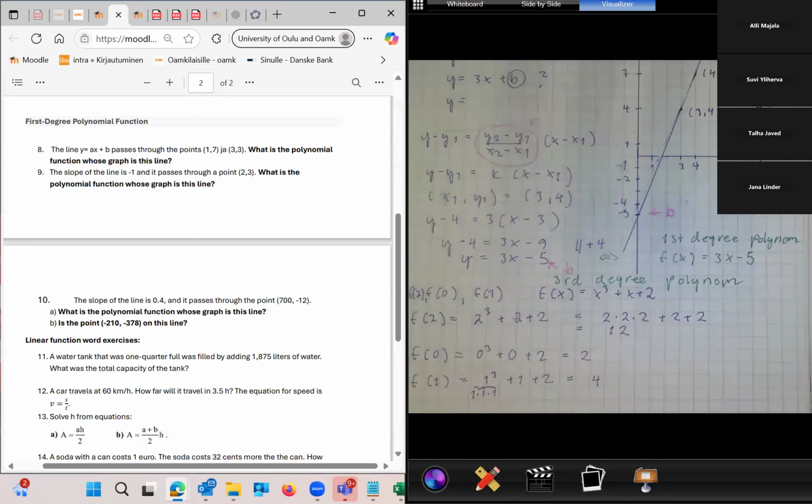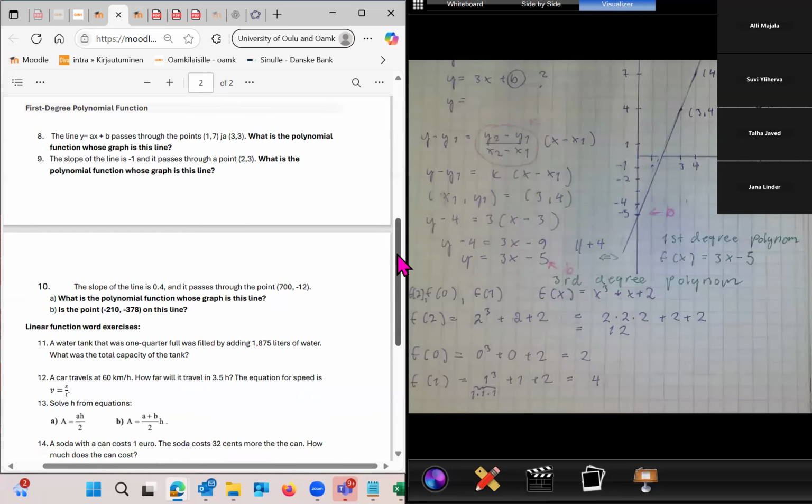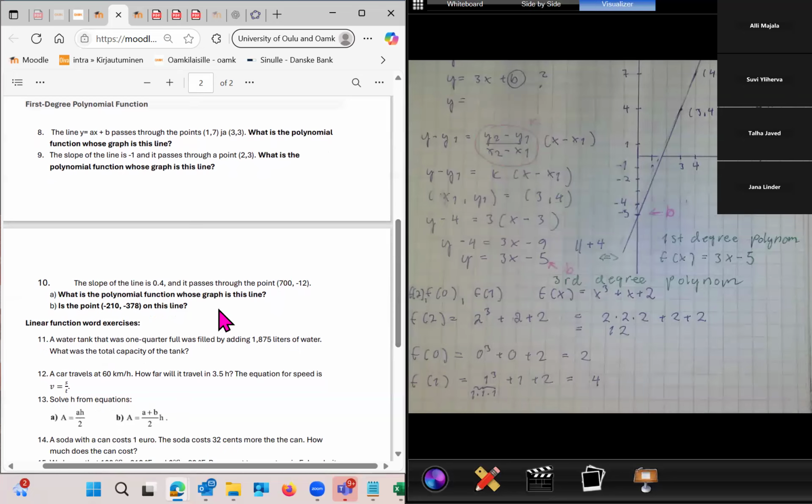The same exercise there, I'm not going to do it again. You can still practice if you need. And the next one is the same again, but I will just do it quickly.